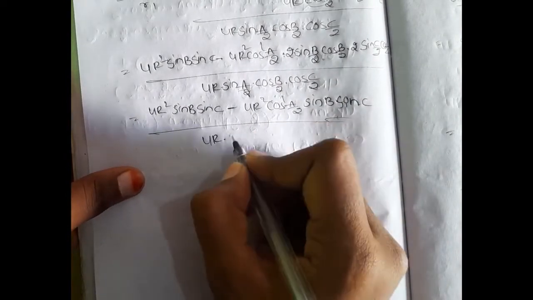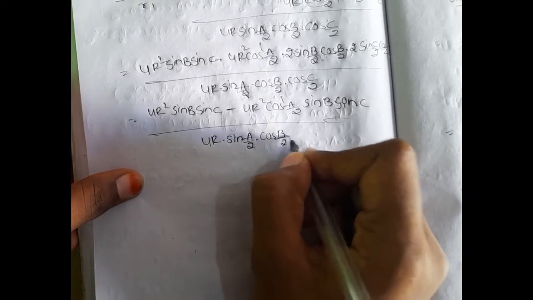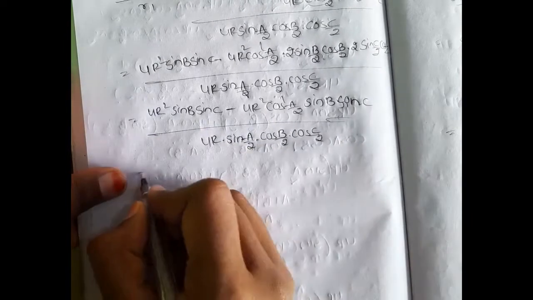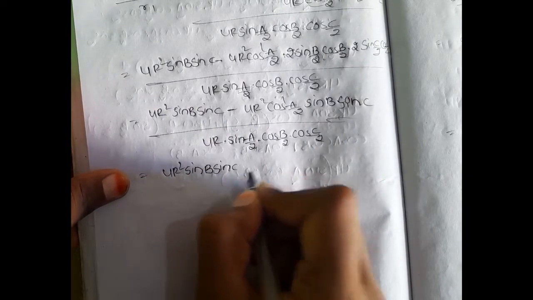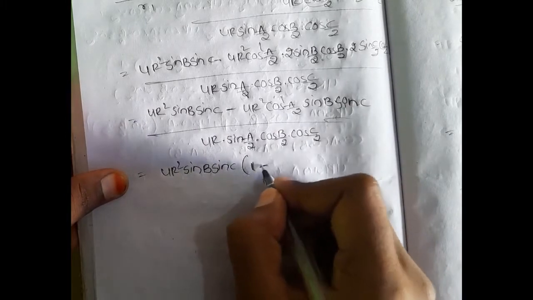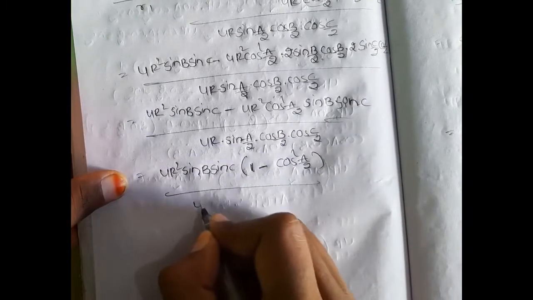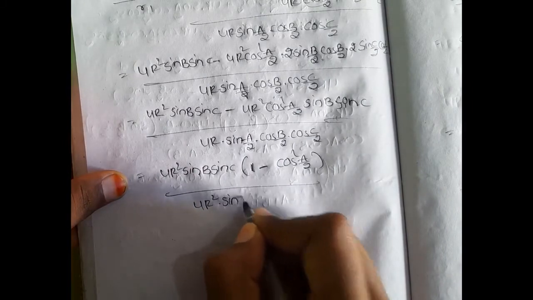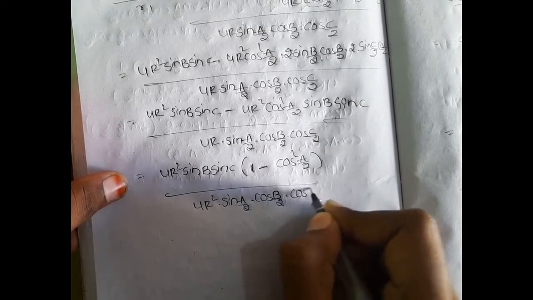4r sin a by 2 cos b by 2 cos c by 2. Now 4r square sin b sin c can be taken common, 1 minus cos square a by 2. Now 4r square sin a by 2 cos b by 2 cos c by 2.